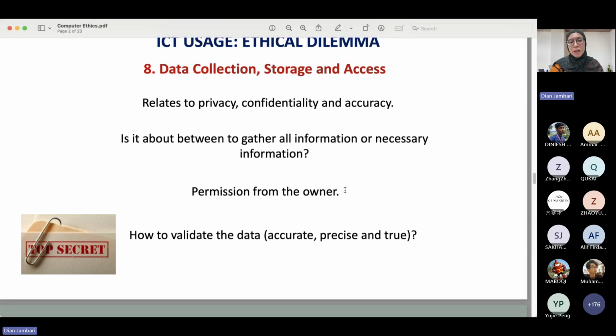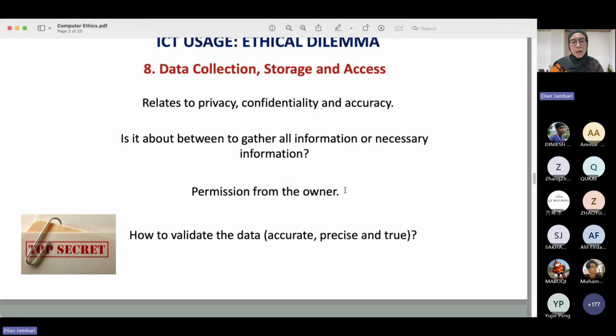We will be faced with this ethical dilemma because part of the regulation of gathering information is that we can only have access to information, particularly confidential information, that has been permitted by the owner, and only the information that is necessary. If it's unnecessary, then we will be unethical if we still gather the information and do not use it. So that's an example of an ethical dilemma that can happen related to information.